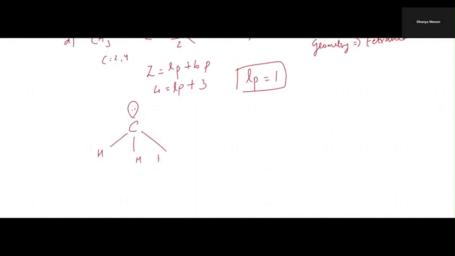Okay, so in order to guess the shape, I have to ignore the lone pair. And what shape does it have? It has a pyramidal shape, for any molecule having 3 bond pairs and 1 lone pair.